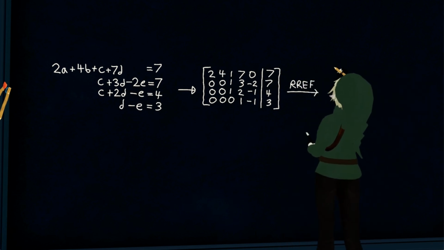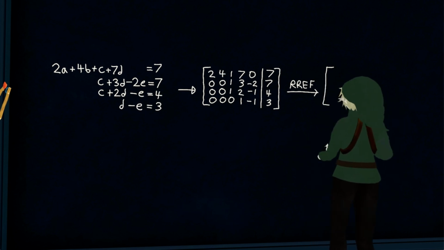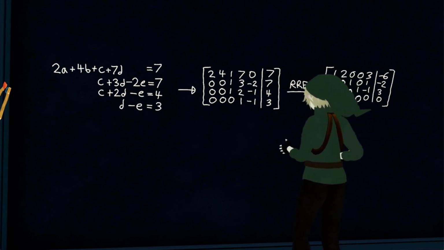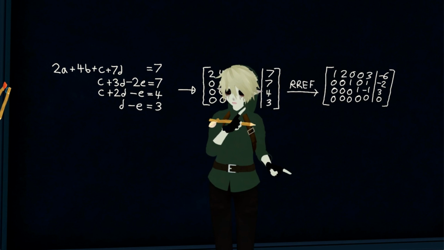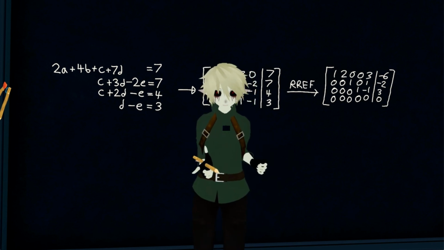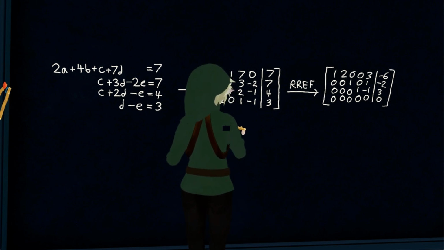And we'll go ahead and write down our row reduced echelon form. Again, nasty as always, but this is what you would be doing. Just use an RREF calculator. Okay, that's it.